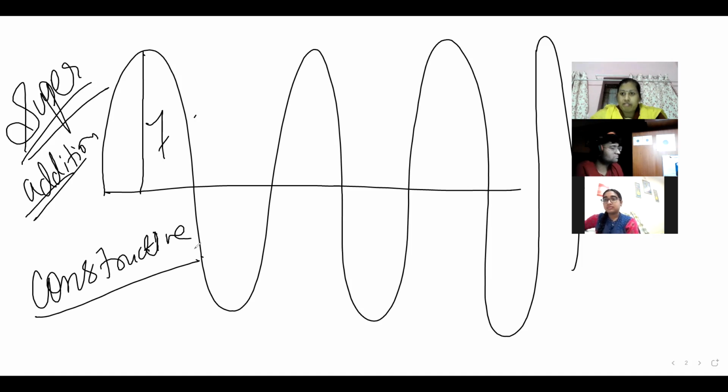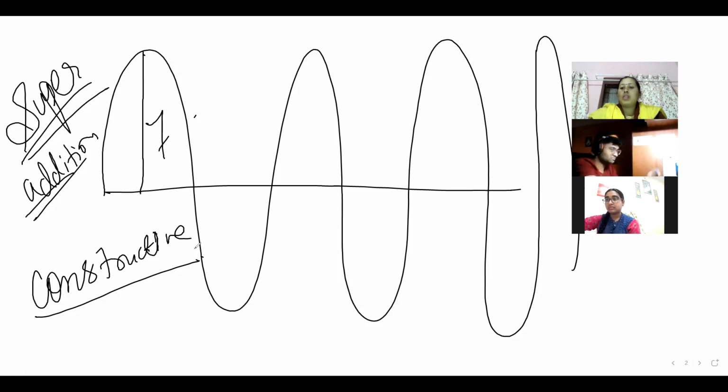Those waves in which the waves are in the same phase and from the source, which source is there? Coherent source. From the coherent source, all the waves of the same phase add up and become a higher amplitude of wave because of superposition. That time that wave is known as what? Constructive wave. Understood? No need to write, I'm giving you the notes.